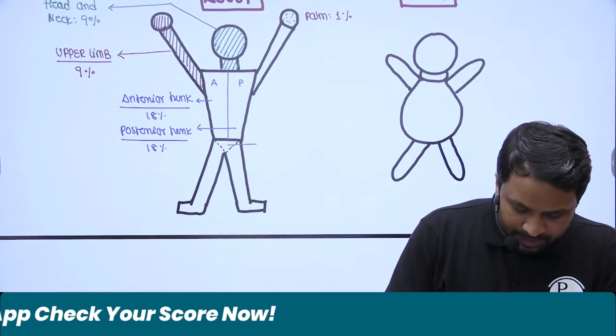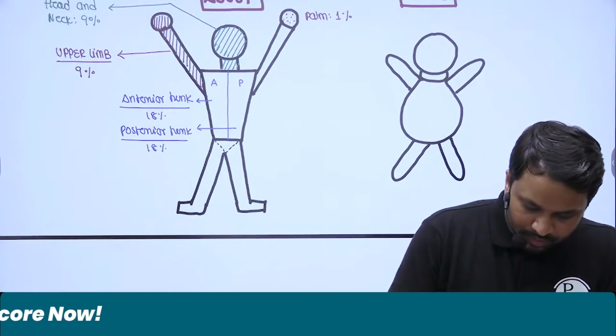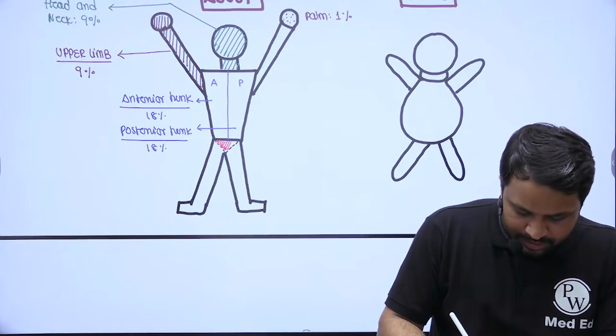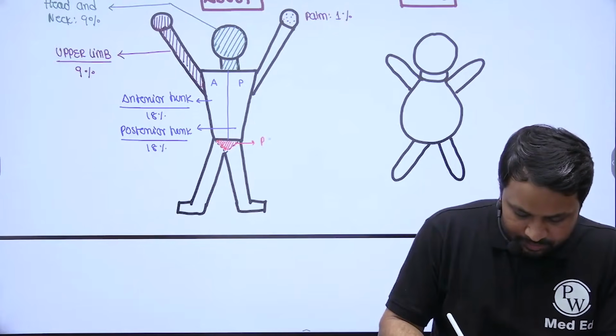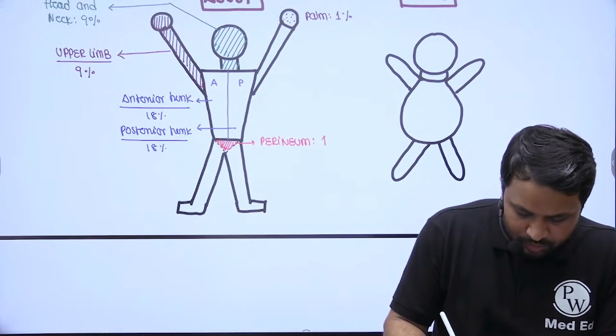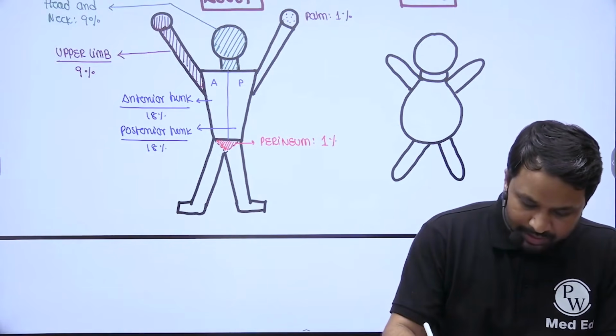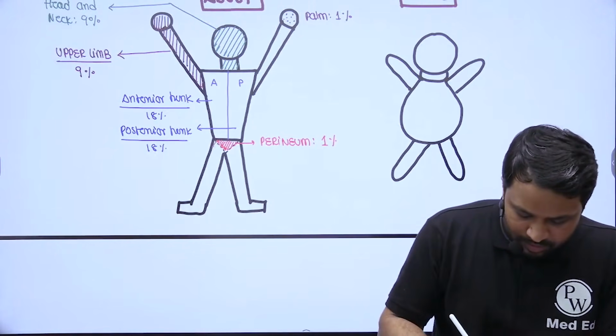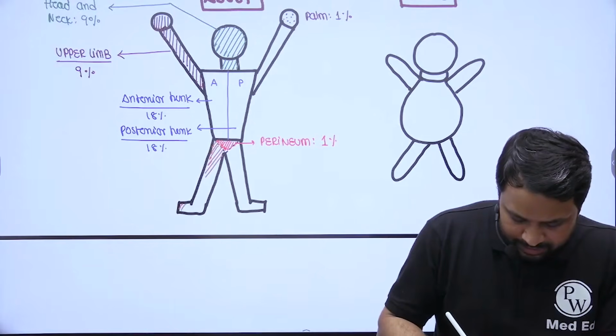Then there is the perineum which is present here. This area which I'm shading in red is the perineum. The perineum is going to account for 1%. And then you have the lower limb. The lower limb is going to account for 18% each.